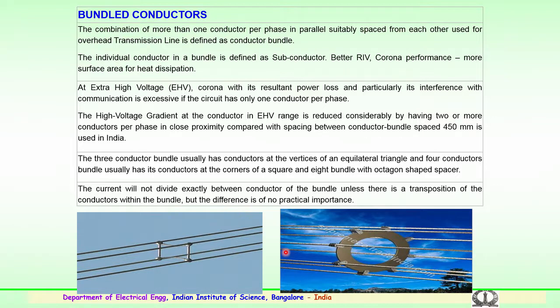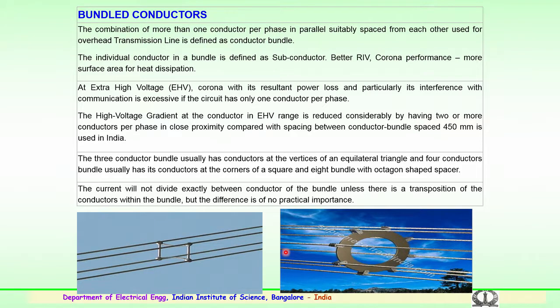That is one of the important properties. As the voltage gets higher, this becomes more advantageous. At EHV, extra high voltage, and ultra high voltage, corona with its resultant power loss and particularly interference with the communication is excessive if the circuit has only one conductor per phase.